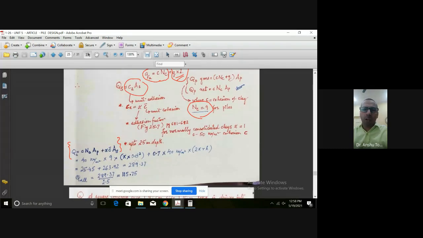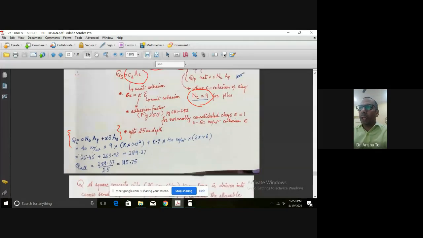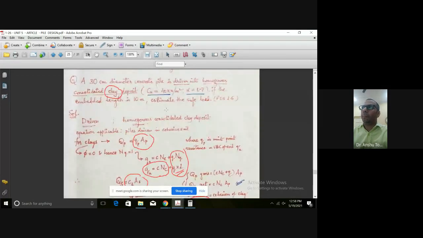This is always going to be pi r square, and this is going to be 2 pi r h if it is circular, otherwise it is going to be 4 a h if it is a square pile. Putting these values, simply we will get the ultimate load, that is 289.37. Remember?